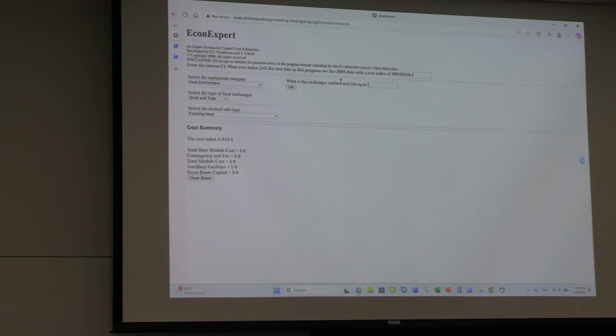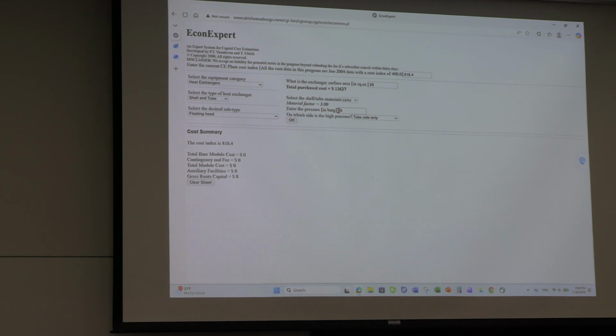Okay. Exchanger surface area 20. Purchase cost. Material factor, stainless steel on both sides. Okay. Pressure factor 20. Which side?